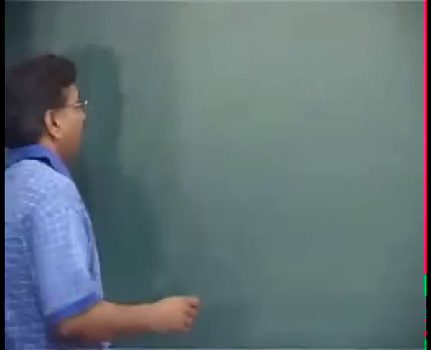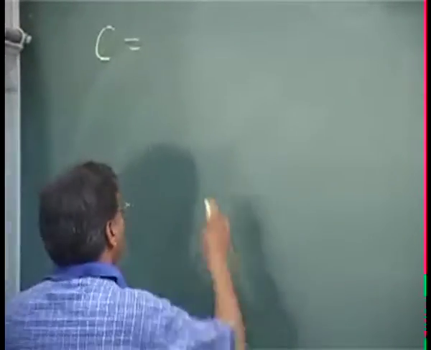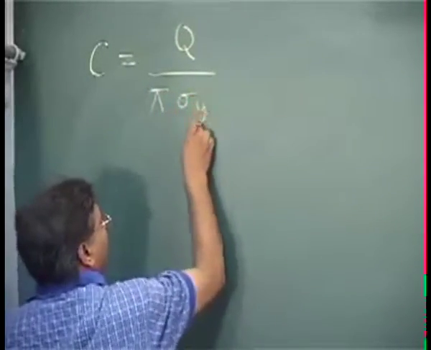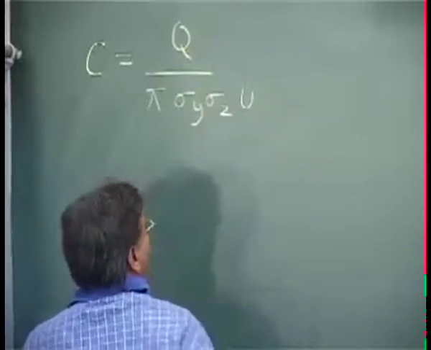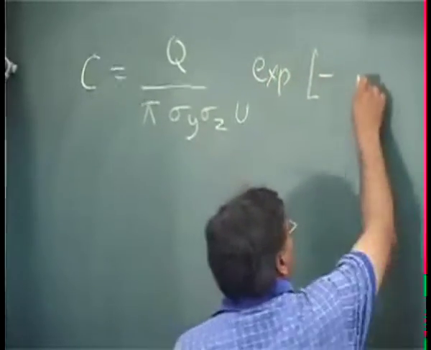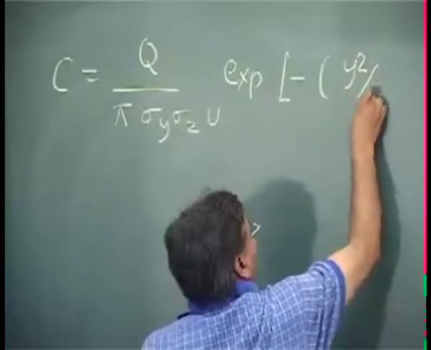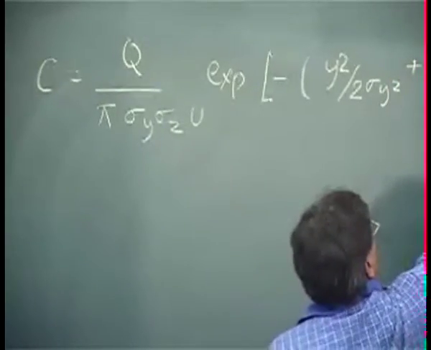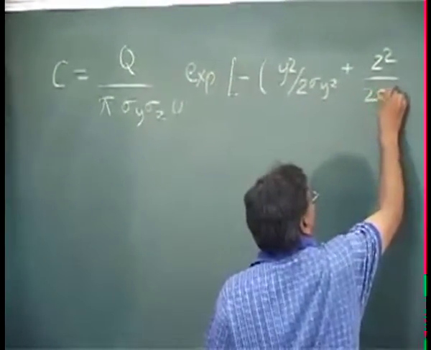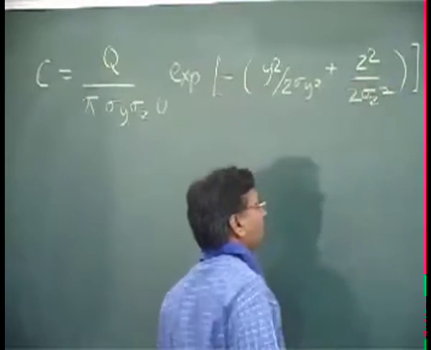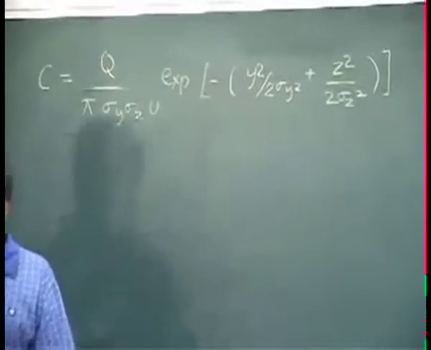That concentration, correct me if there is any mistake, was C equals Q by pi sigma y sigma z u, exponential of minus y square upon 2 sigma y square plus z square upon 2 sigma z square. This is the equation we derived yesterday.